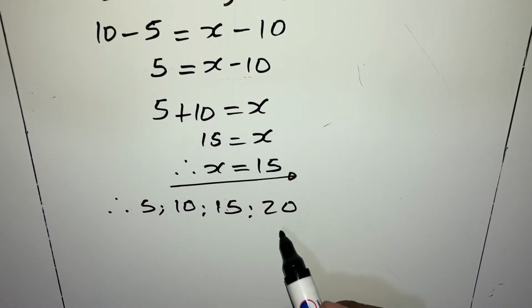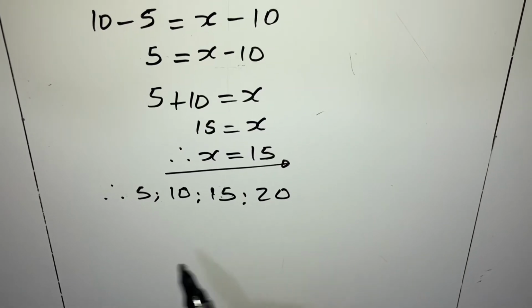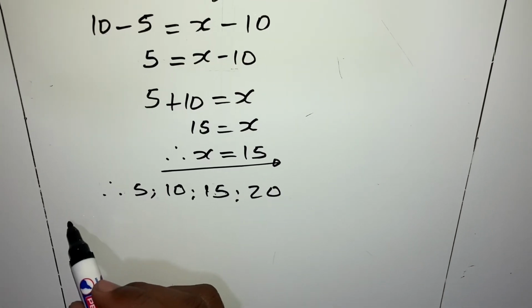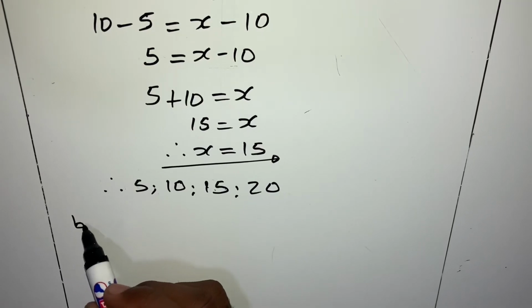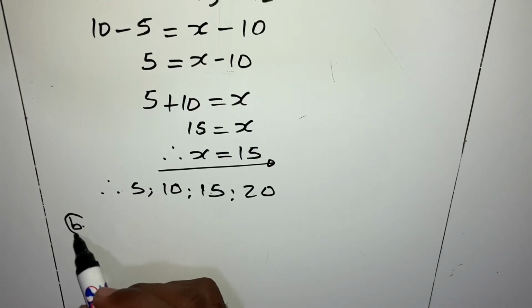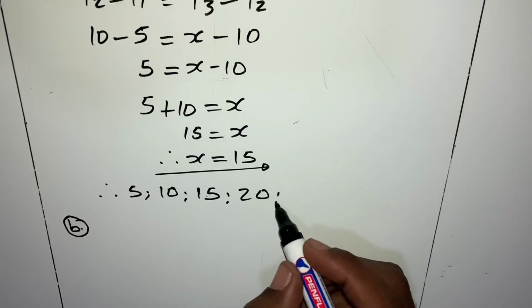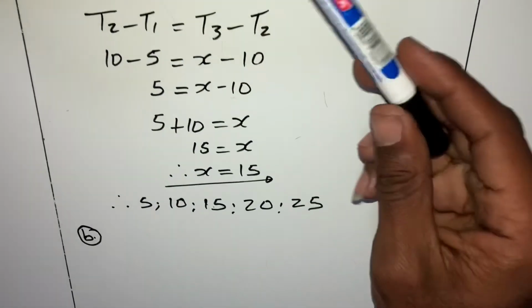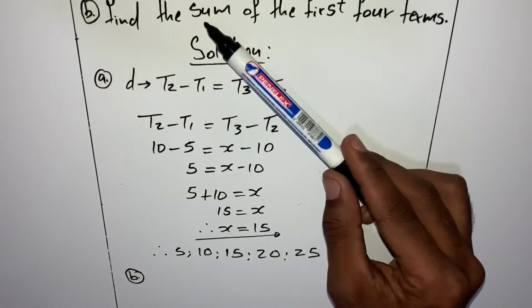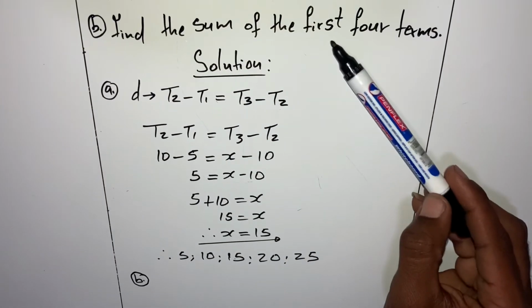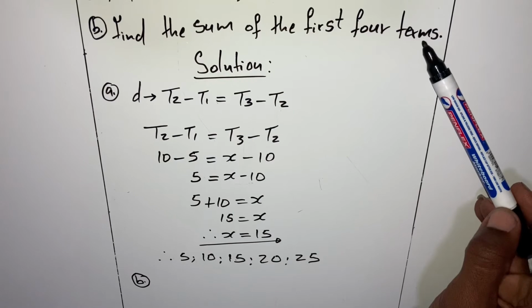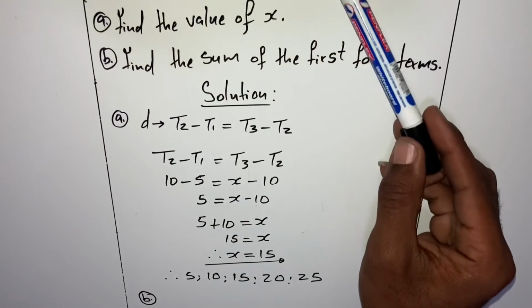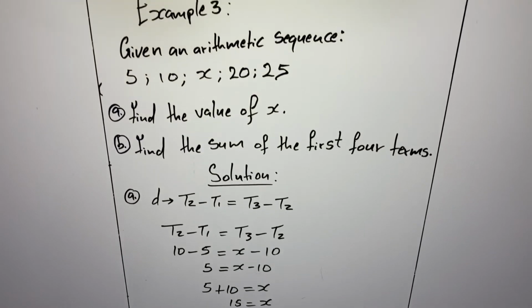We'll use this sequence to answer the next question, which is B: find the sum of the first 4 terms. We remember that we are still under arithmetic sequence, so we go on to find the sum.